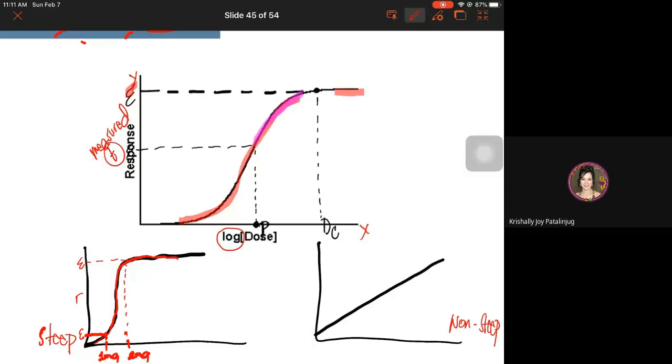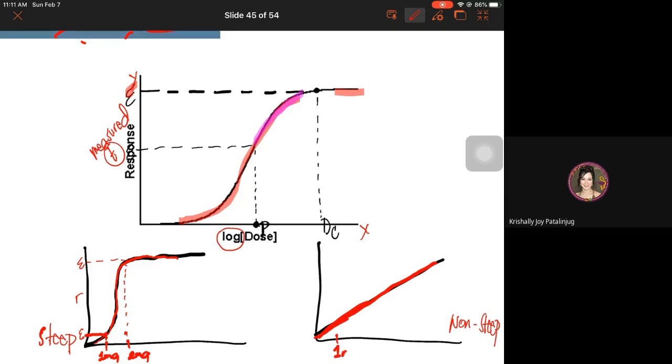So obviously, for a steep graph slope, that would help us realize that for that particular drug, a slight change in dose could cause harmful effects, adverse effects, toxic effects, that could be produced in the body. But here you have a non-steep slope.